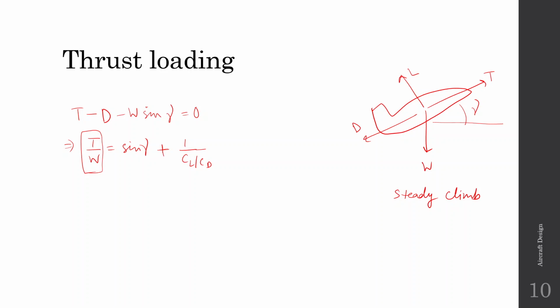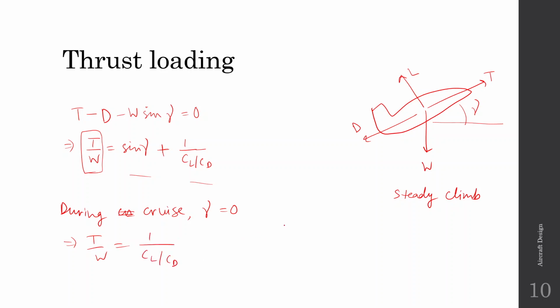Okay, now one thing you can see is that your T by W depends on the climb angle and the CL by CD. So during cruise, your gamma is 0, which means that T by W is 1 by CL by CD.